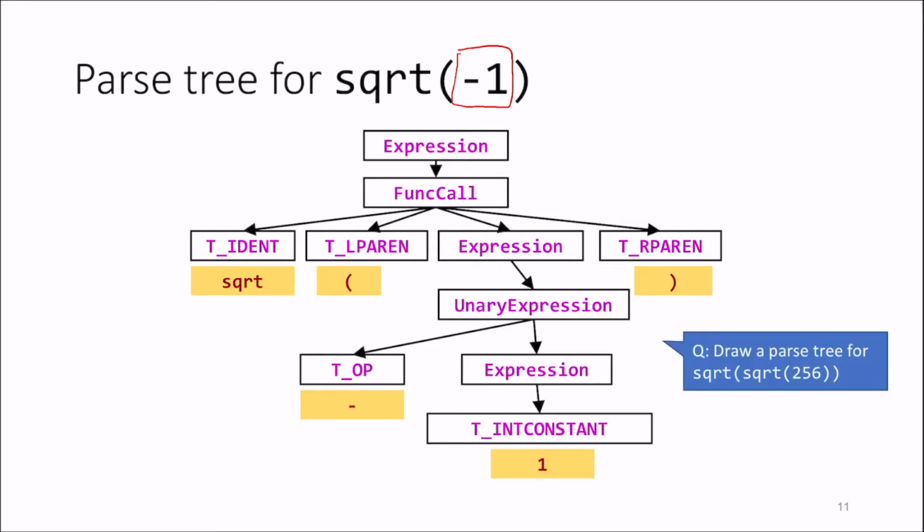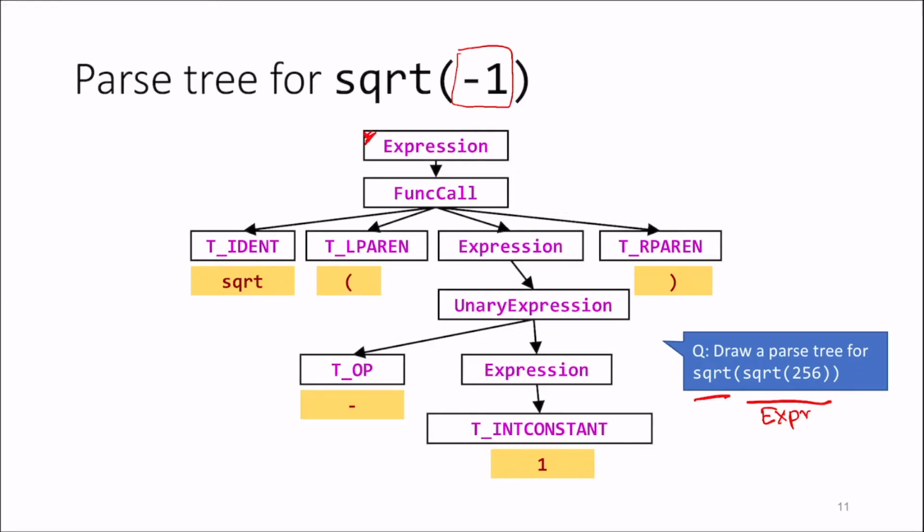So the question I want you to answer for this stage of syntax analysis is, can you draw a parse tree for this input? Square root of 256. Notice that in this case, this is an expression, and the question can be answered by looking at whether square root of 256 is a valid expression. I'll give you a small hint here.